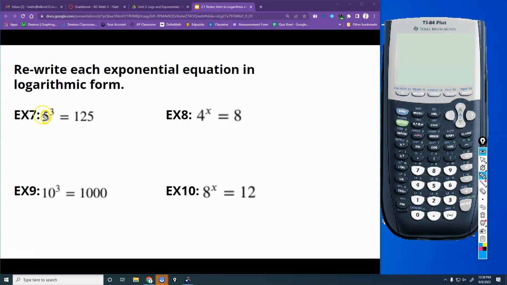So to get rid of a base of an exponent, you use a log, and that log must have the same base. So we would do log base 5 over here, and log base 5 over here. That will cancel this out. You'll have a 3. You will get log base 5 of 125 over here.